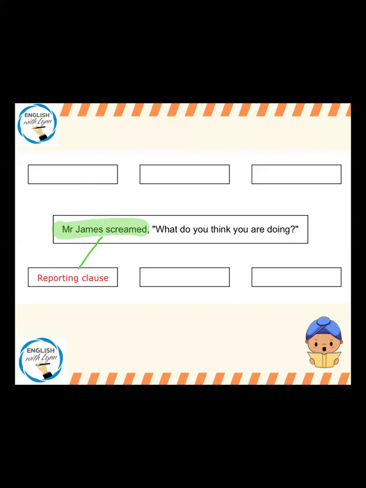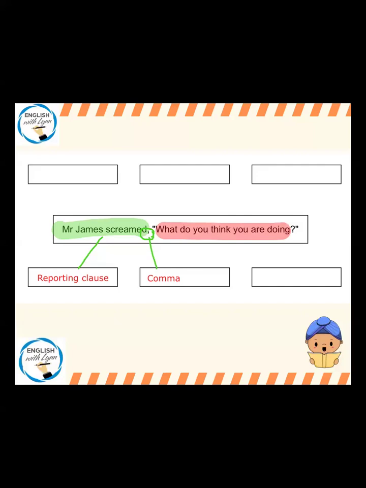Now notice after the bit that says Mr. James screamed, I have a comma. And whenever your reporting clause is at the beginning of the sentence, you will have a comma after it. Okay. And then I have the bit that Mr. James is screaming: what do you think you are doing?